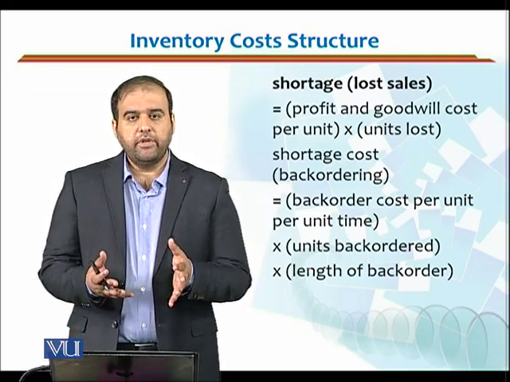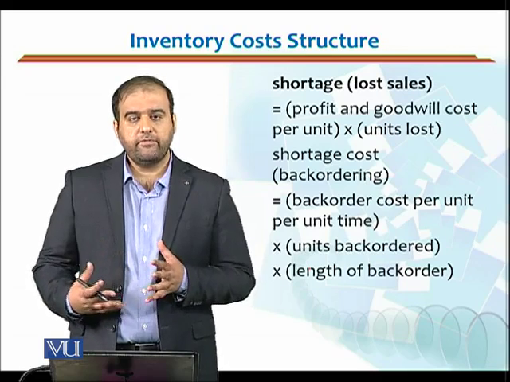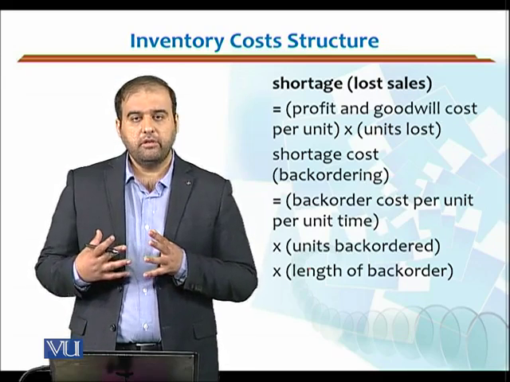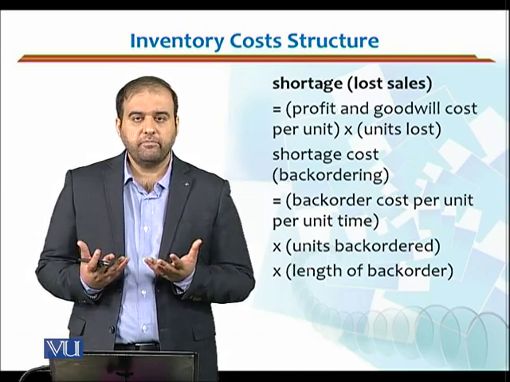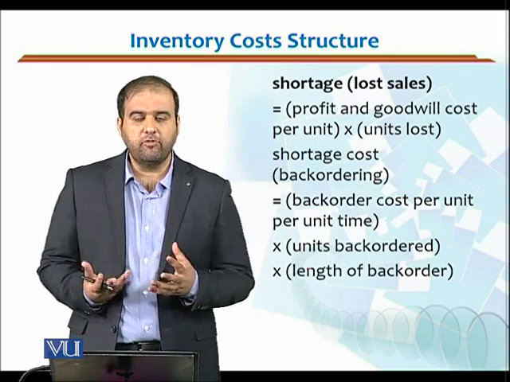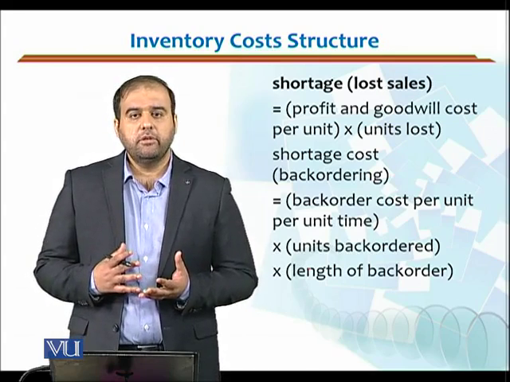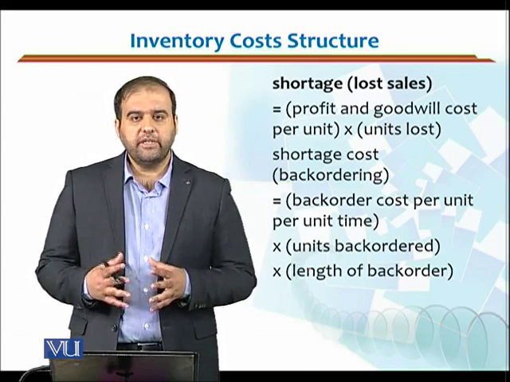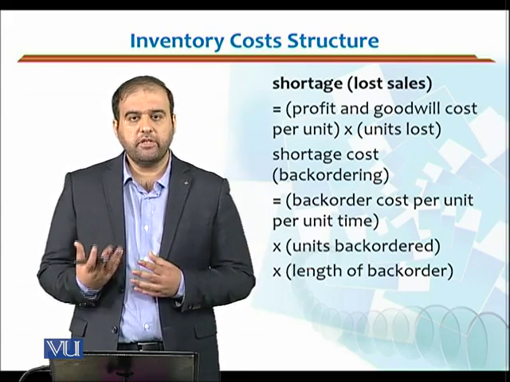For example, a customer comes into your retail outlet and doesn't find the item which he requires, and he goes away. It's a shortage. But most of the time the demand would be censored. We call it censored demand. Censored demand is a demand in which you just assume that you have a shortage of this much level because you cannot account for such customers.